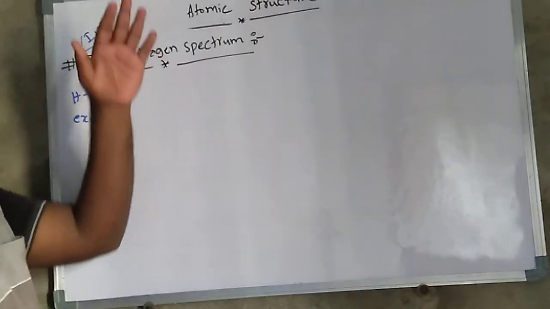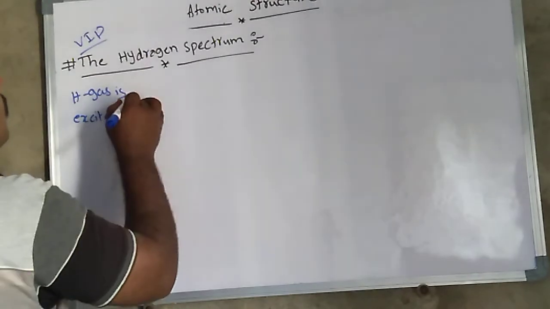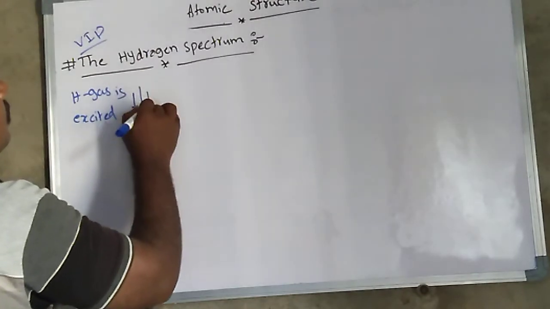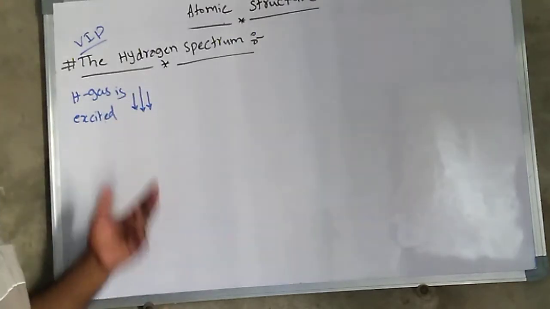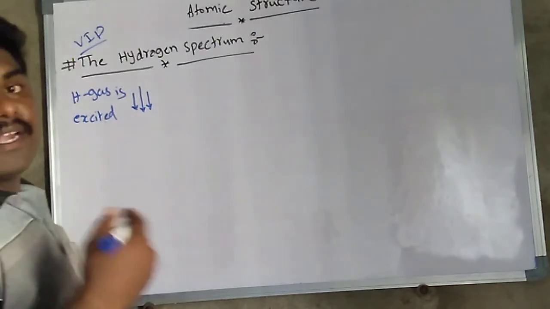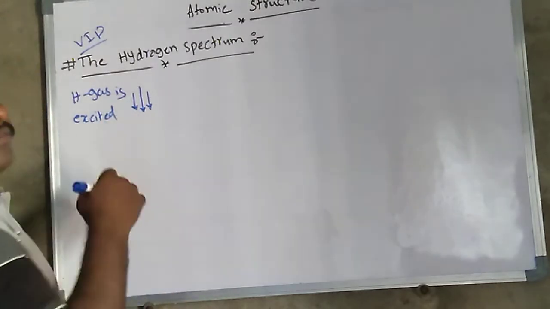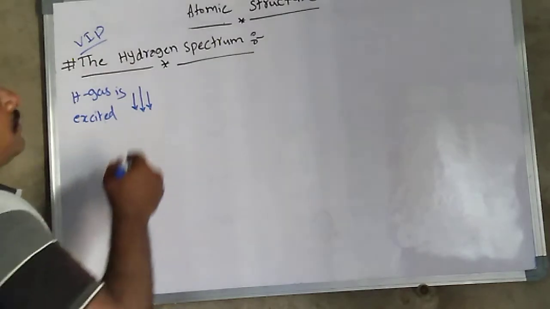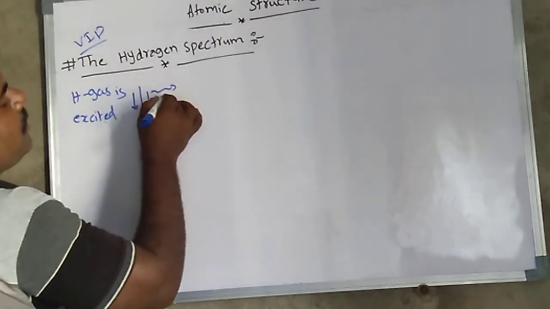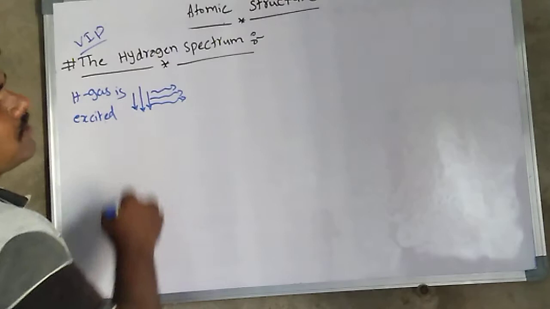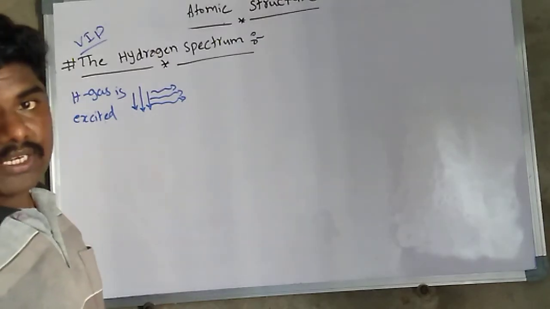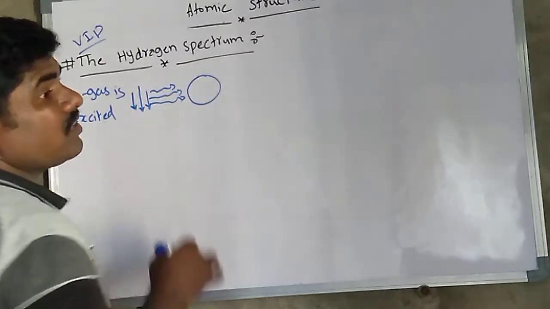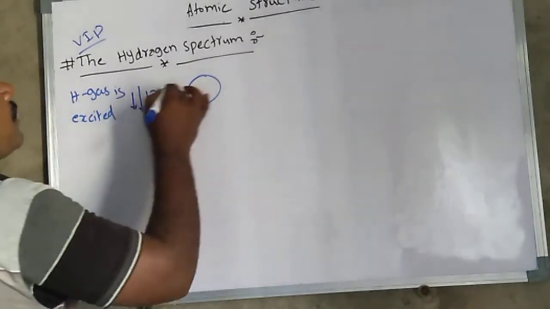It means the electron goes from higher to lower levels, so different possibilities are there, and a number of radiations are emitted by hydrogen gas. This radiation emitted by hydrogen gas passes through one device, which we call a spectrometer.